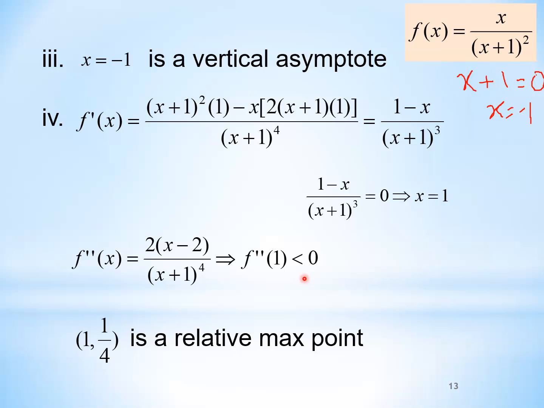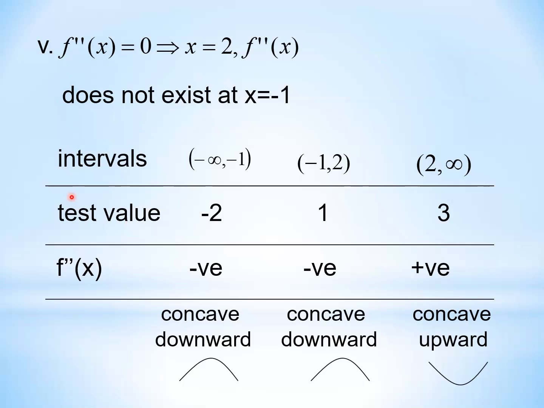You're going to substitute the values over here into f to check whether it's a maximum or minimum. If it is less than 0, then it will be a maximum point. And for this one, you will have x equal to 2, and then you just substitute it.